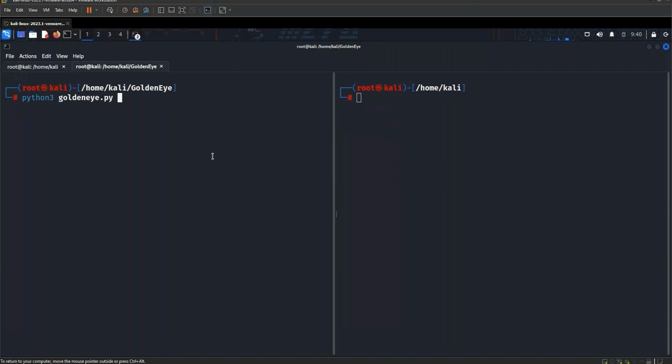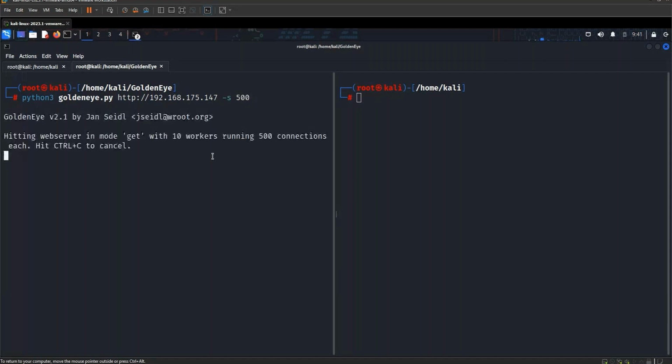Now, once it is a server, let's give here http://192.168.175.147. This is the IP address of my Kali Linux, and I'm saying -s 500 sockets. So it says hitting web server in mode GET with 10 workers running 500 connections each.